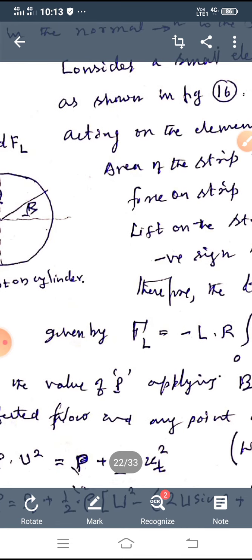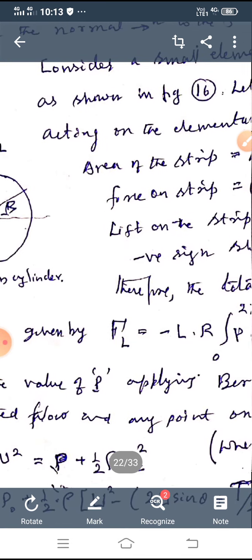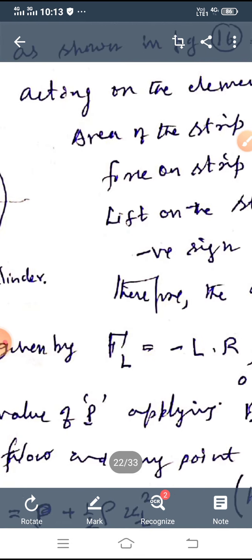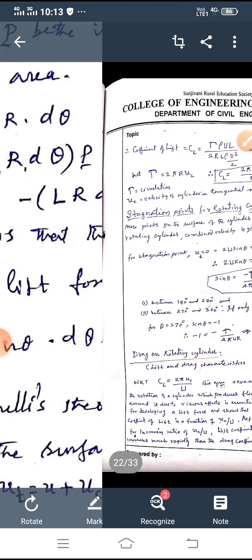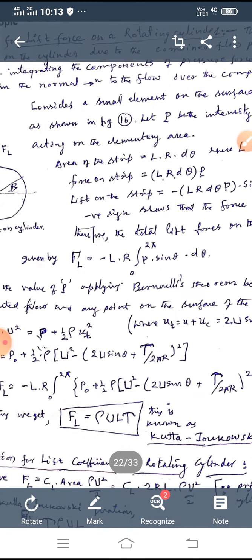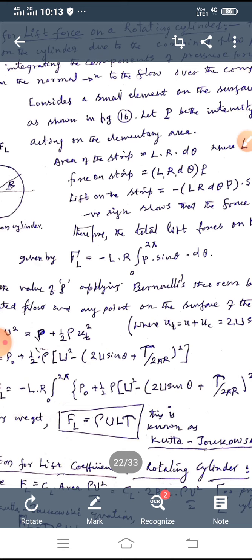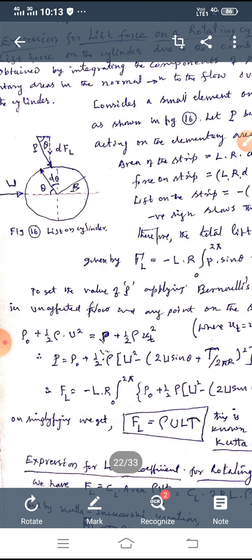Therefore, this lift force FL is given by minus L R integral 0 to 2 pi P sin theta d theta. Here the negative sign is because the force is acting downward. This component of P is acting downwards, therefore the sign is negative.